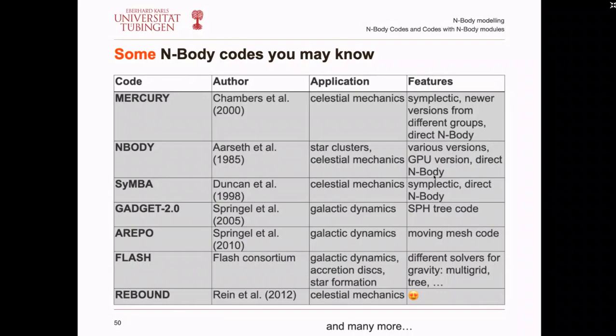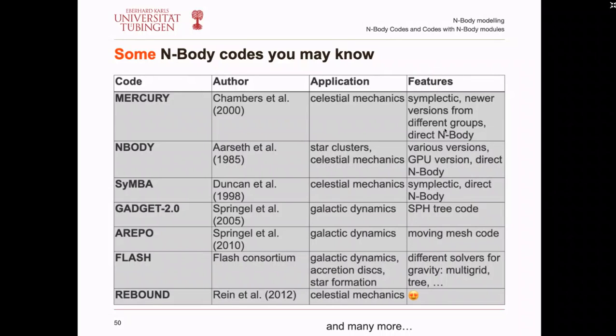There are, I think, now many different versions from different groups, because this Mercury code is online. You can download it. It's Fortran 77. I'm not sure if it's Fortran 90 or Fortran 77, but you can download it, and there are different versions floating around. There's even now, I guess, a GPU version.